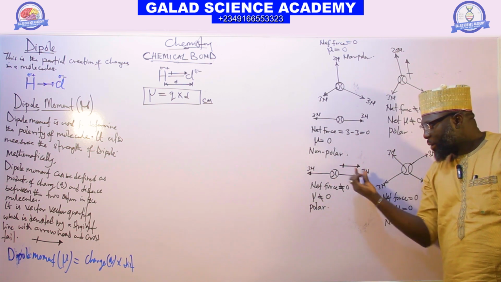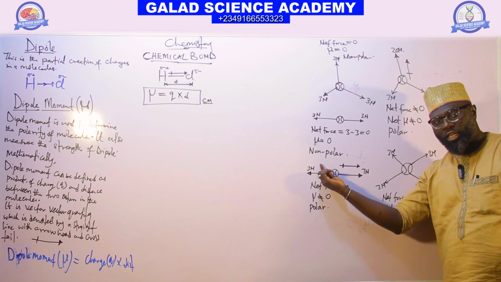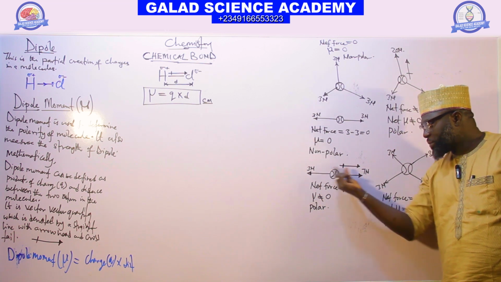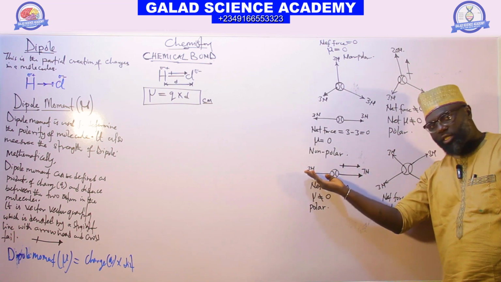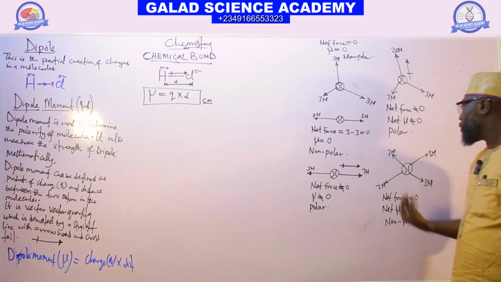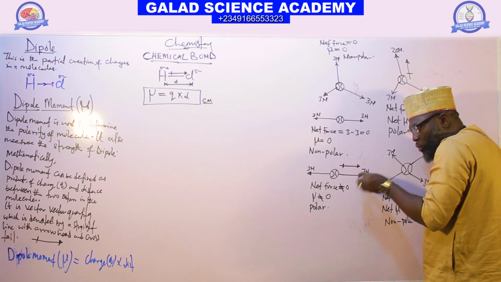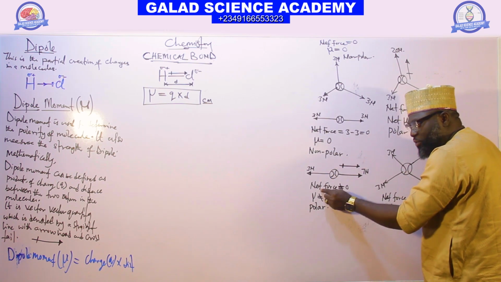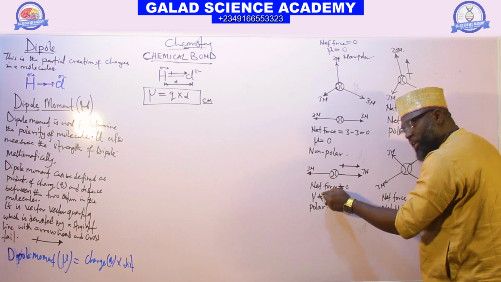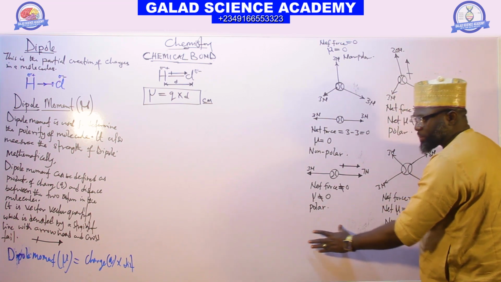Likewise here we have 7 Newton and 3 Newton. If you subtract 3 from 7, 7 is more than 3, so the ball will move to this side. The net force is 4, so the net force is not equal to 0, the dipole moment is not equal to 0, then this is polar.